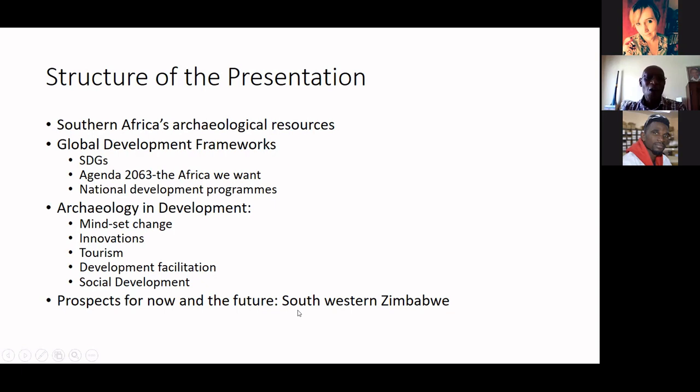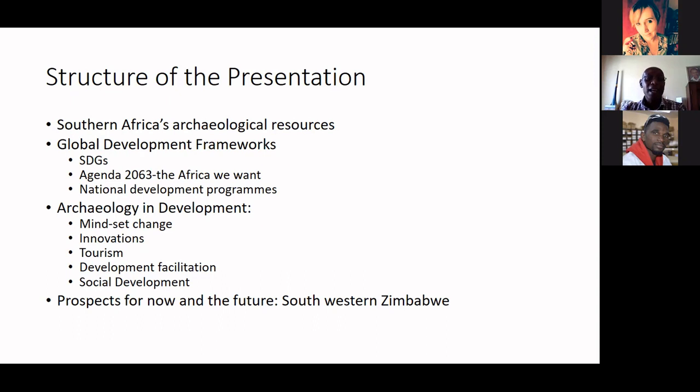So in terms of my talk, this is how I've structured it. I'll reflect on Southern African archaeological resources, and then I'll look at global development frameworks, the Sustainable Development Goals, Agenda 2063, the Africa We Want, national development programs, and then look at archaeology in development, what archaeology could do or has done, looking at issues of mindset change, innovation, tourism, development facilitation, and social development.